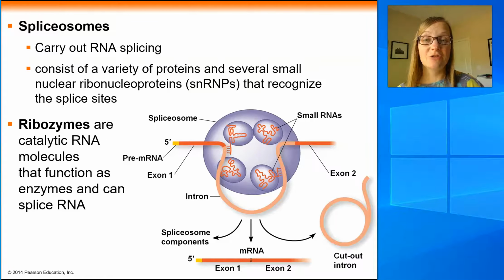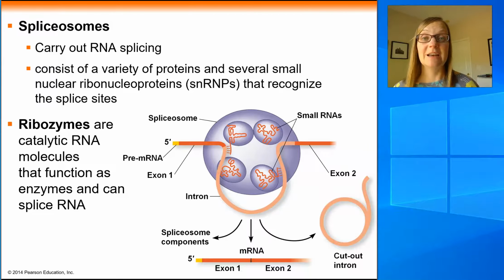Now, what actually carries out the splicing that takes place for the mRNA in cells is a very large structure called a spliceosome. The spliceosome is interesting because it is made out of 2 different kinds of macromolecules. It's part protein, shown here in purple, and also part RNA, which is shown in orange. And in the spliceosome, it is the RNAs that are the catalytic part of this structure that can actually catalyze the reactions of cutting out the introns and stitching together the exons.